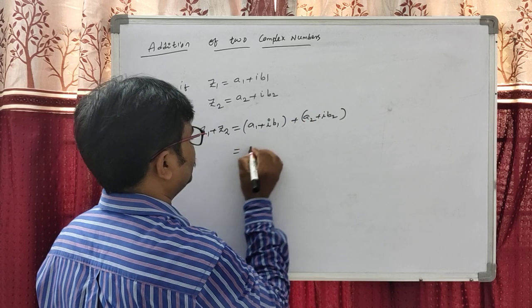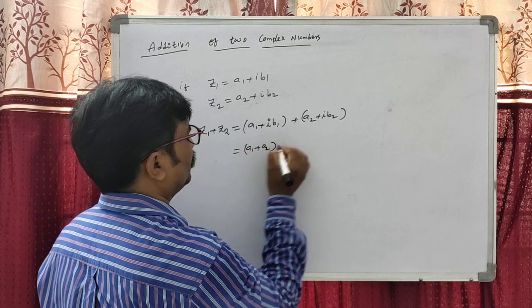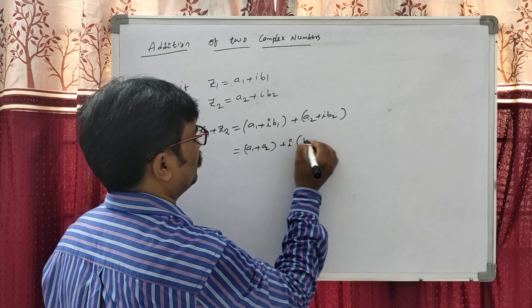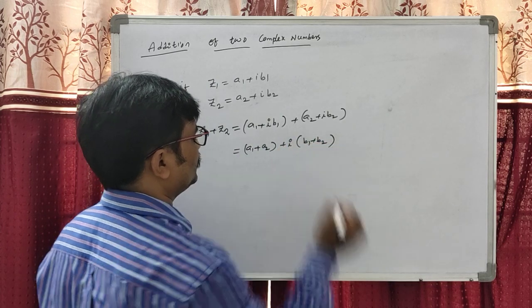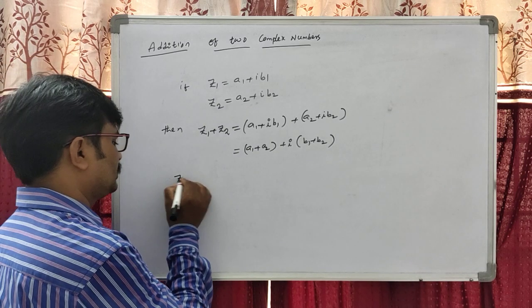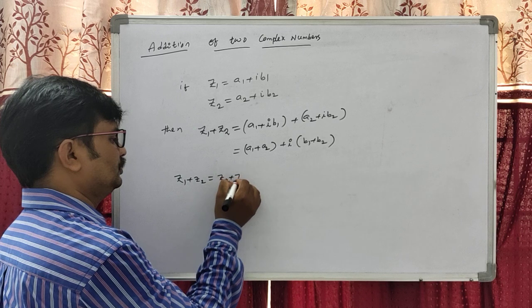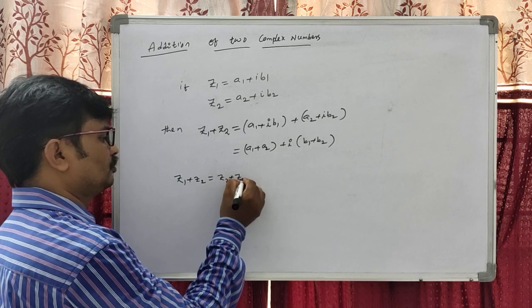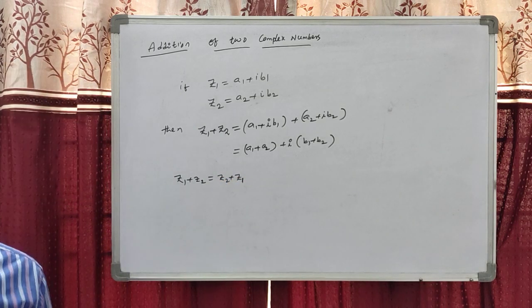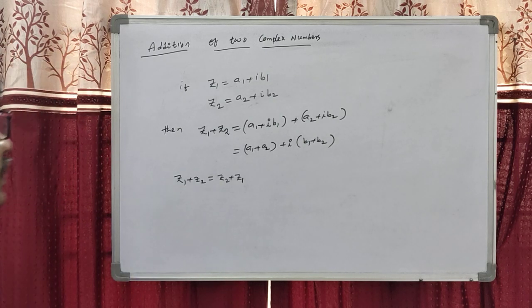Therefore, this is A1 plus A2, and i is common, B1 plus B2. This is the addition. Therefore, Z1 plus Z2 is also equal to Z2 plus Z1. So the commutative law is satisfied by complex numbers under addition.